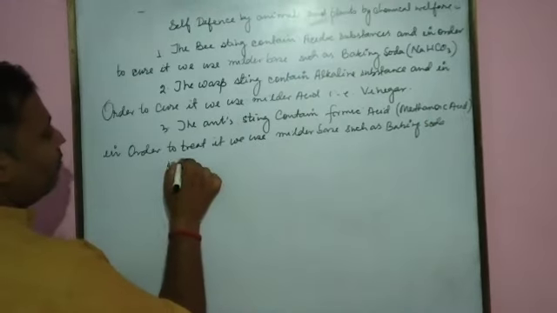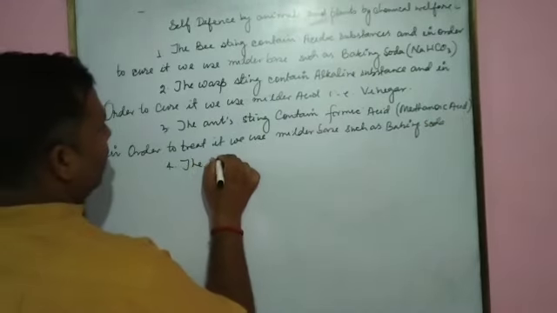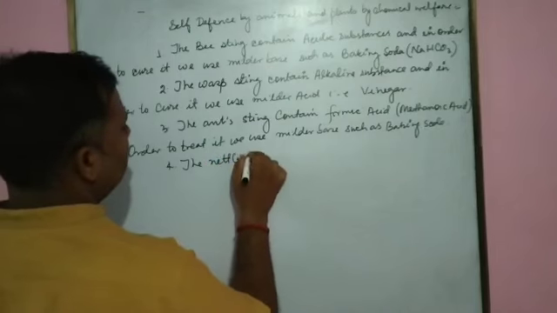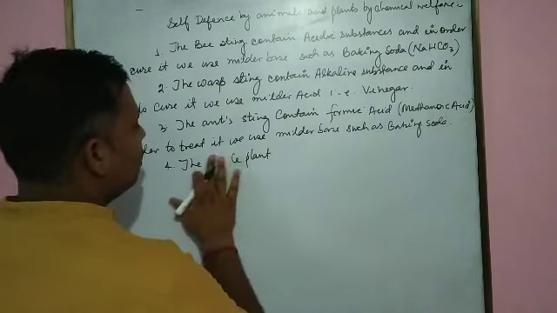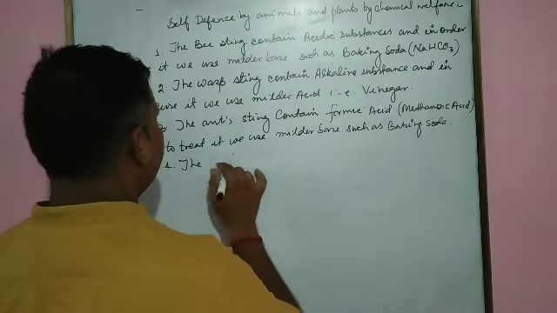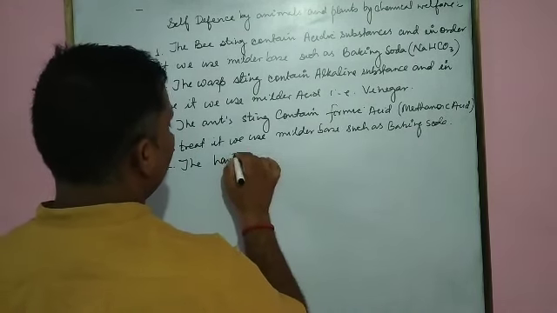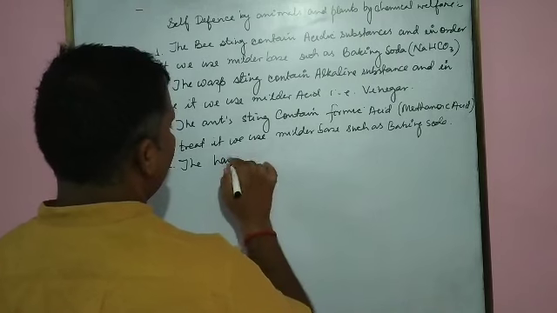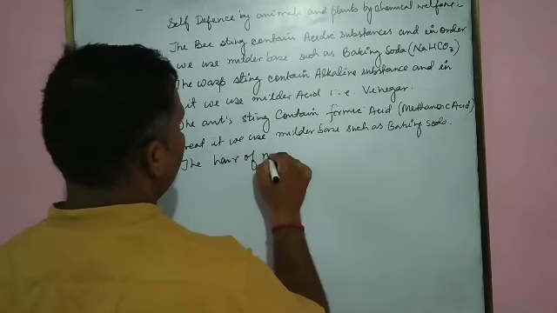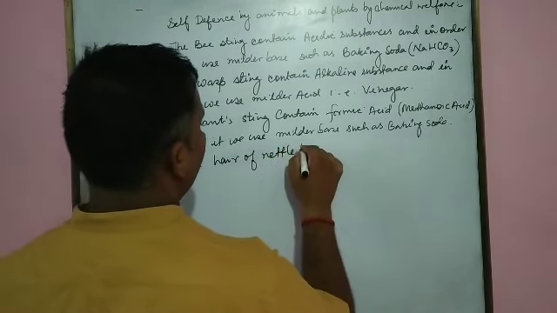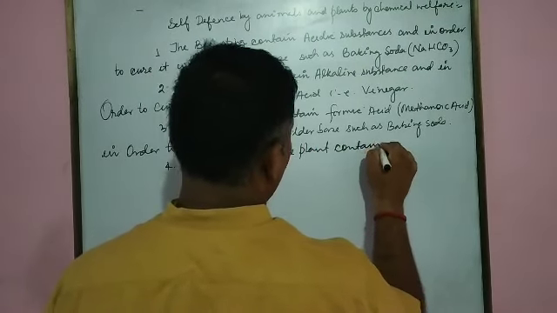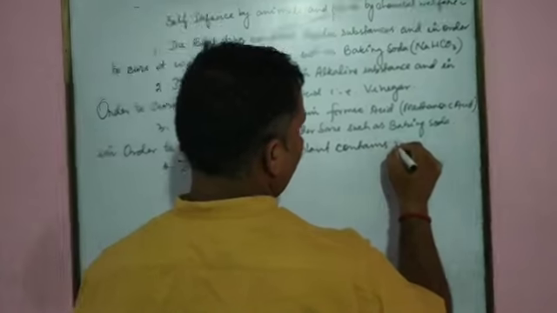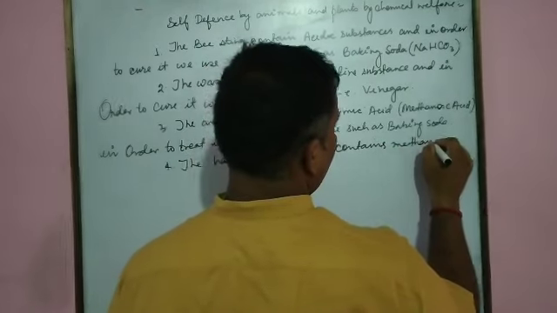The fourth one, the nettle plant, or we can say the hair of the nettle plant. The hair of the plant contains methanoic acid.